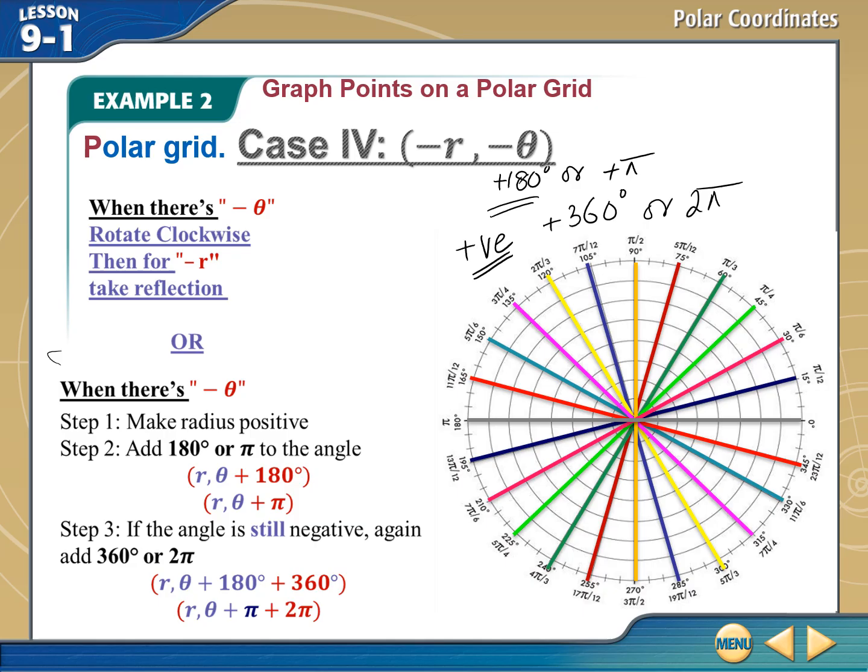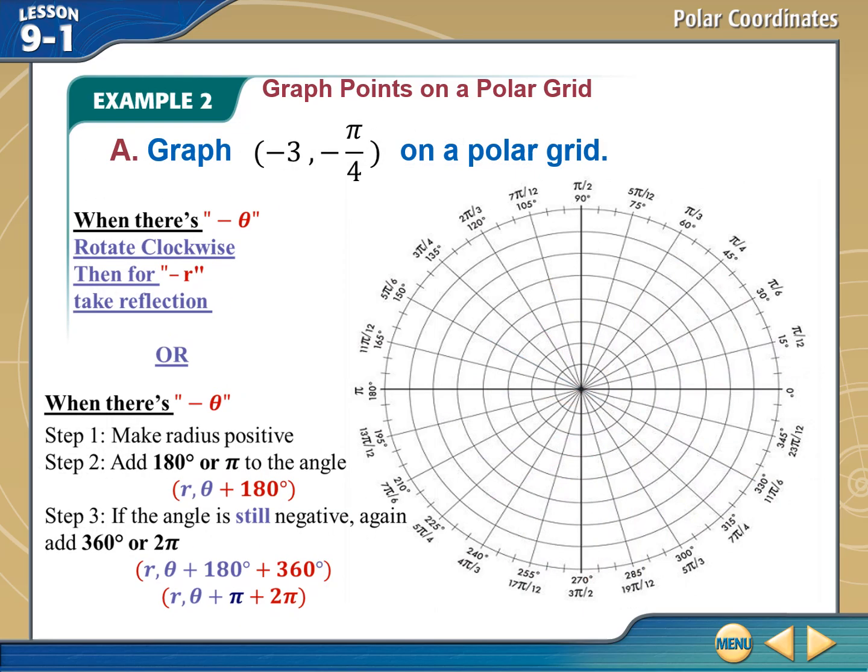So let's try here. Negative r, negative theta. How to do it? First of all, let's see here negative π/4. In this one, add π, that is add 180 degrees. So negative π/4 plus π will be 3π/4. Now 3π/4 is positive, right?